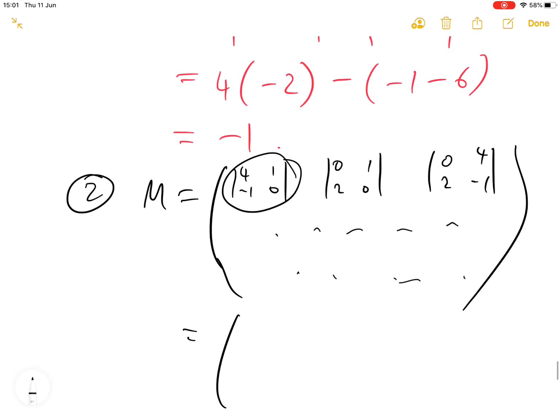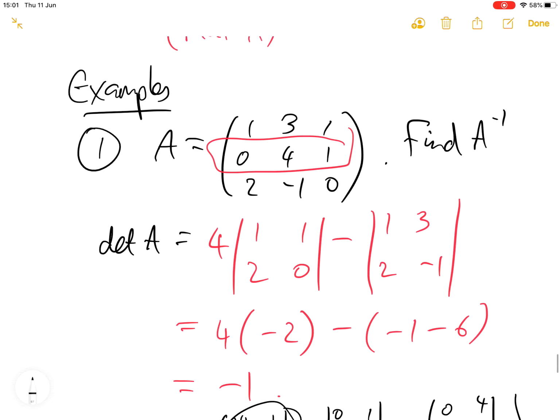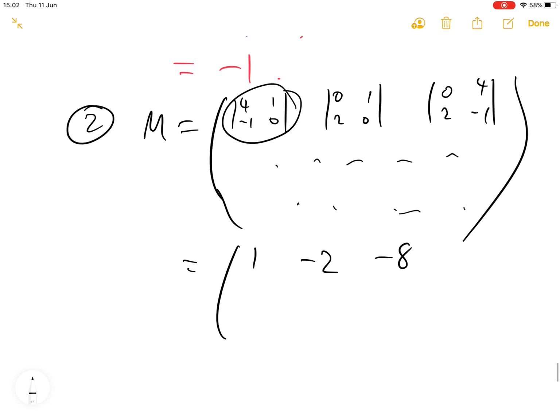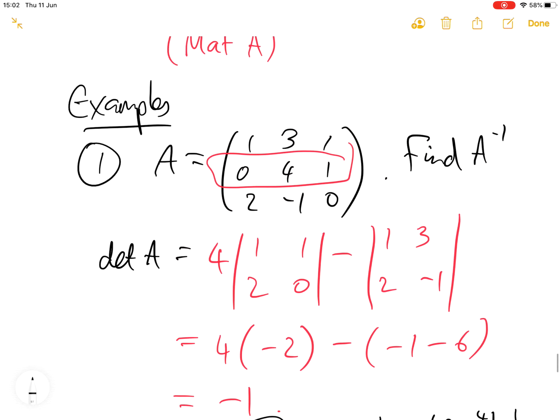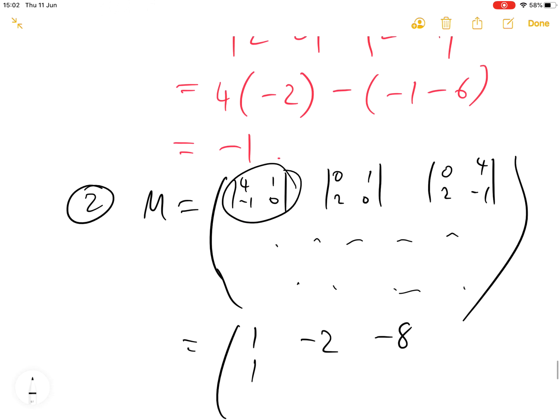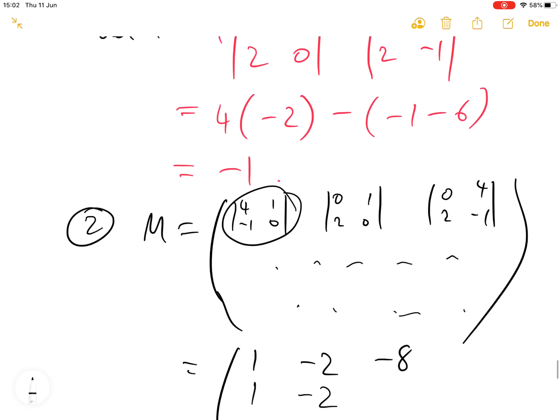So this we can see is 1, isn't it? And the next one is minus 2. And the next one is minus 8. And then in the second row, the minor corresponding to the 0 is 1. And then the middle, the minor corresponding to 4 is minus 2.